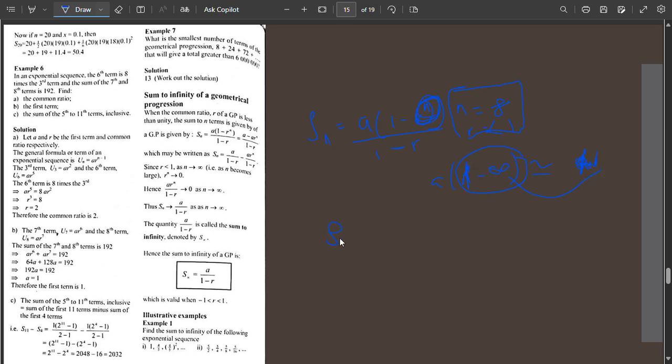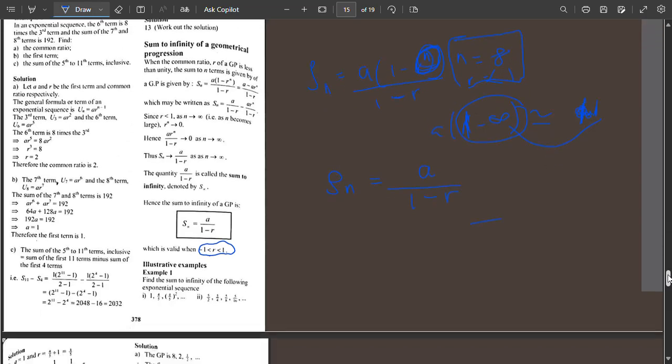So in the end, we get A over 1 minus R. If you want the sum to infinity, which is only valid when these conditions are met, R should be less than 1 but greater than -1, then we'll use that formula.